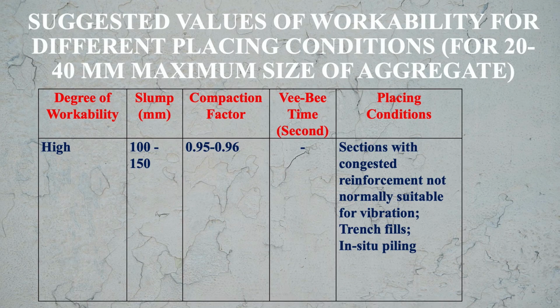You can use this concrete in trench fills and also for casting in situ piles, that is, in situ piling work. So these are the different placing conditions for the different types of concrete mix.